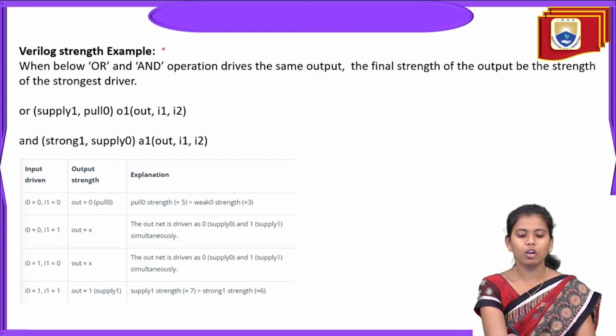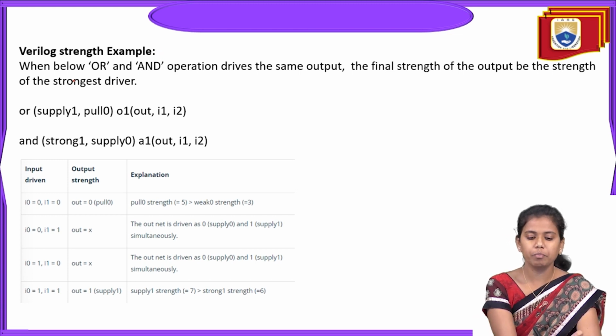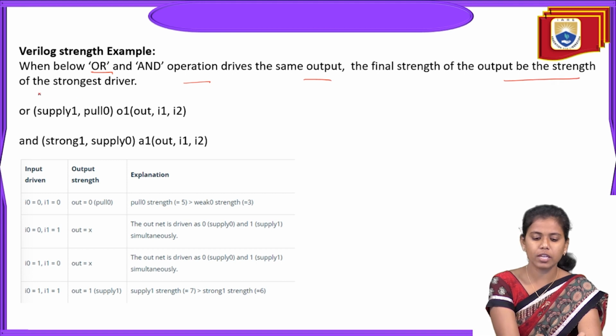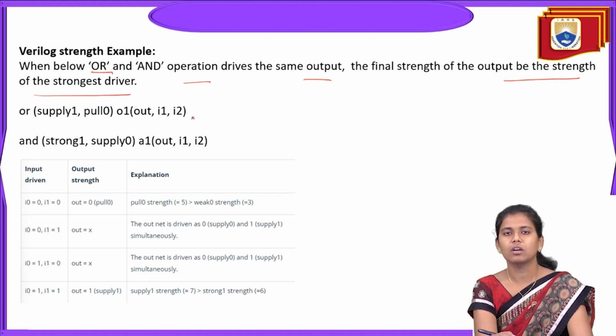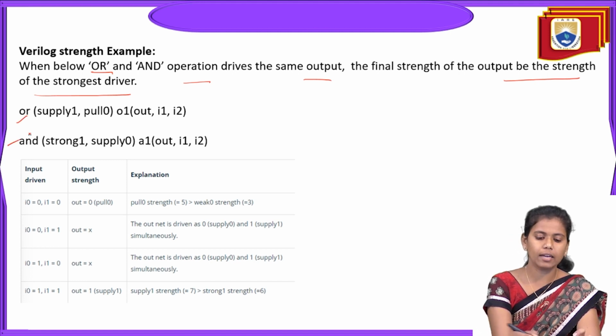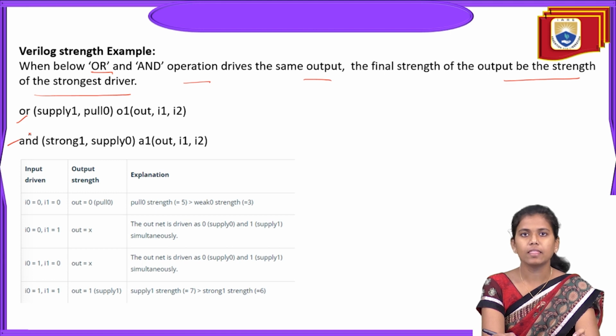Here, the Verilog strength example. Here we see the strength example: when the below OR and AND operations drive the same output, the final strength of the output is the strength of the strongest driver. So here he's asking us to consider the two examples, AND and OR. In both AND and OR, we see the supply and the strong.